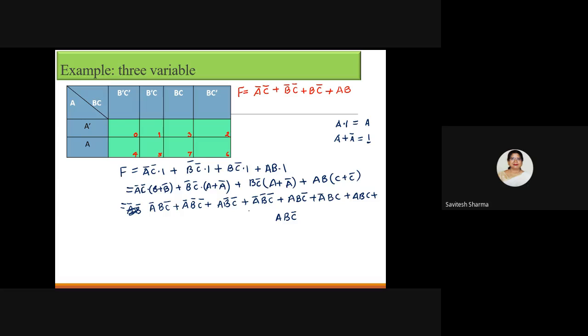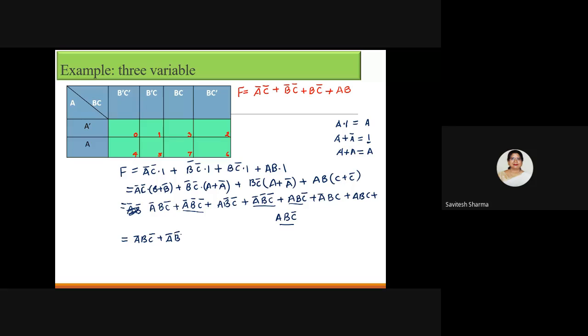Now next, you will find out if any term is repeating here. You see that A complement B complement C, this term, is repeating. Any other term repeating? No. The property of Boolean algebra is A plus A equals A: if you are ORing a variable with itself, it will always give A. So if your expression is repeating, you write it once only, no need to write again and again.